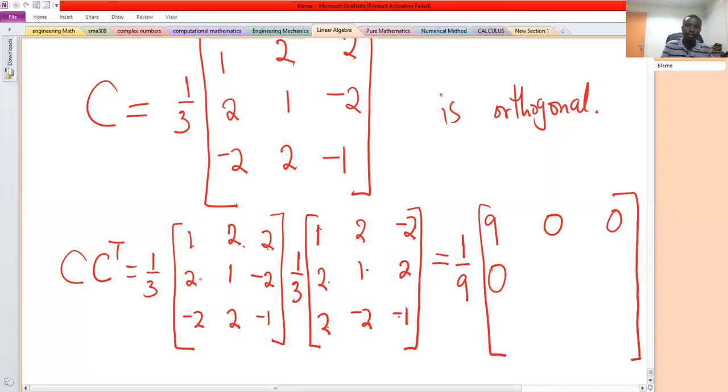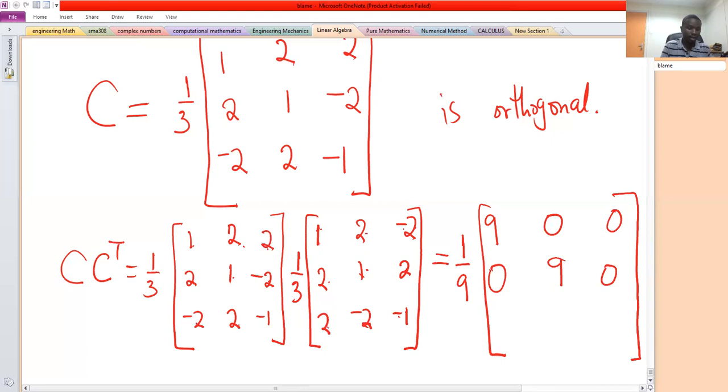Next, 2 by 2 is 4, plus 1 times 1 is 1, plus minus 2 times minus 2 is positive 4. 4 plus 1 plus 4 is 9. And then 2 by minus 2 is minus 4, plus 1 by 2 is 2, plus minus 2 times minus 1 is positive 2. So minus 4 plus 2 plus 2 is 0.